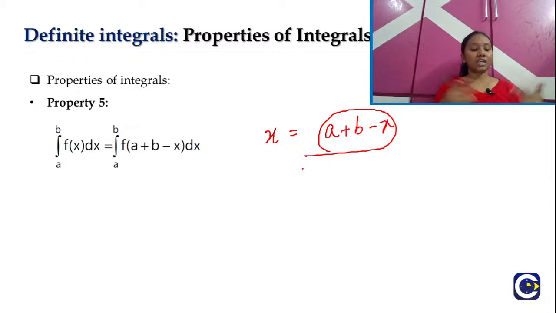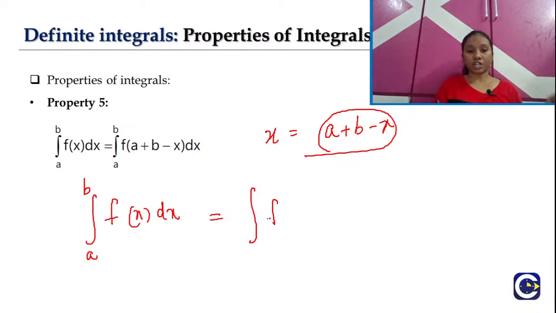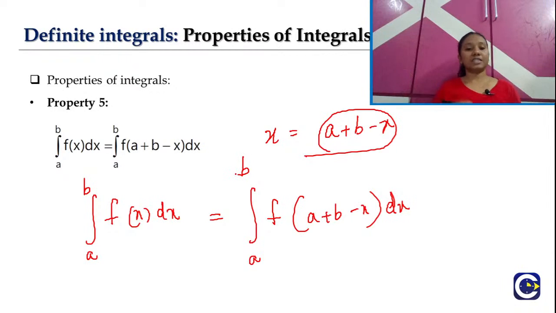Here both the limits are not 0, so we will have a plus b minus x. So if we have an integral f of x dx within the limits a to b, then that can be written as integration of function f of a plus b minus x dx within the limits a to b. Based upon the question, we can simplify it however it comes.